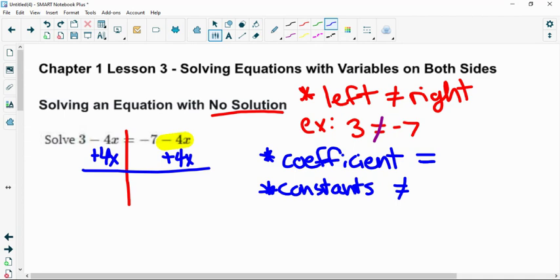When you try to combine two opposites like that, they become 0. And I'm left with a 3 on the left and a -7 on the right.